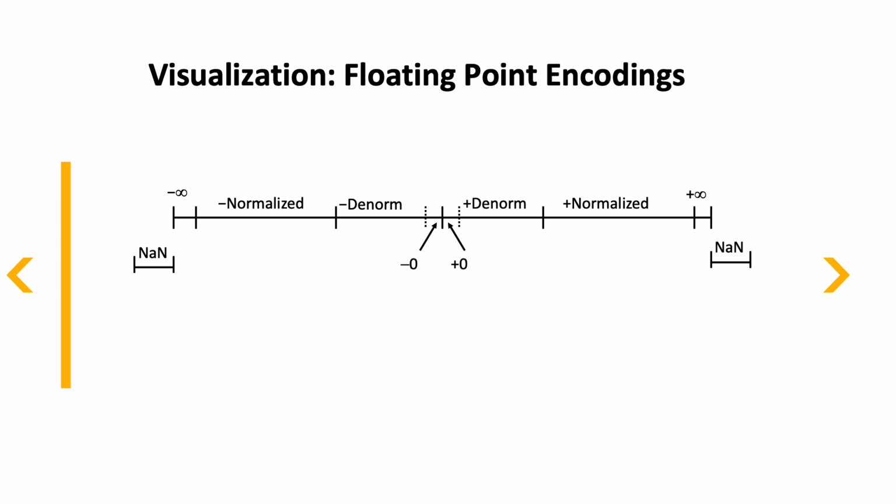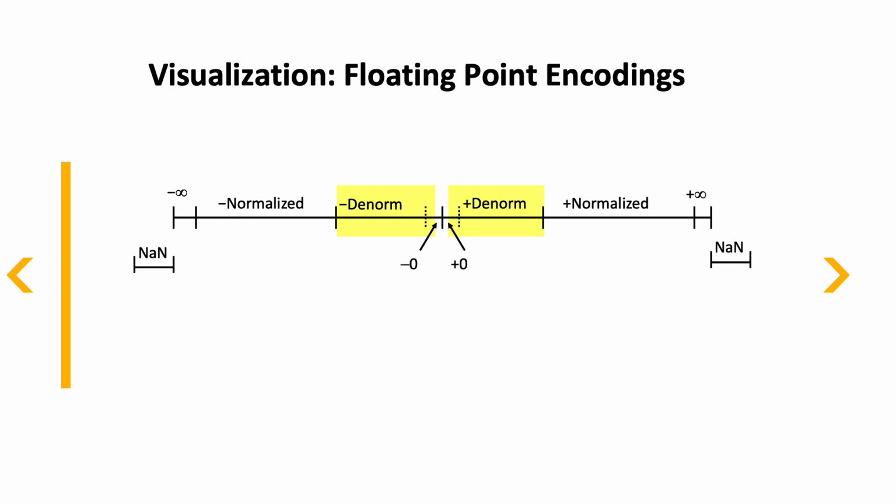So let's take a look at these on a number line to get an idea of where these ranges lie. We have our zeros. Remember, we have a negative 0 and a positive 0, and we have to keep track of which we're talking about. Then as we get away from the origin, we have our denormalized values, because those are going to be less than 1. Our significand has an implied leading 0.